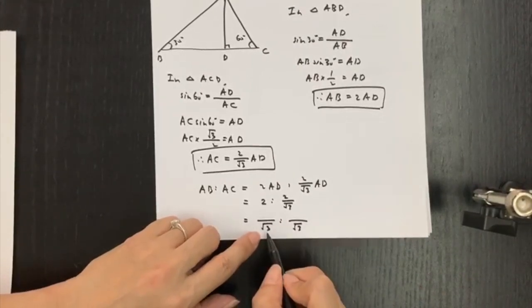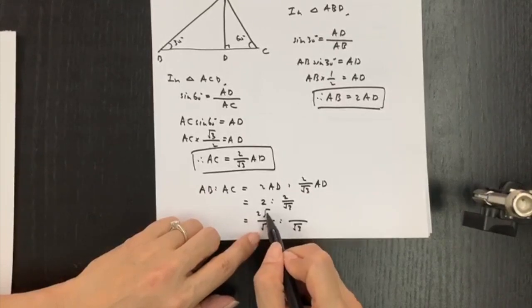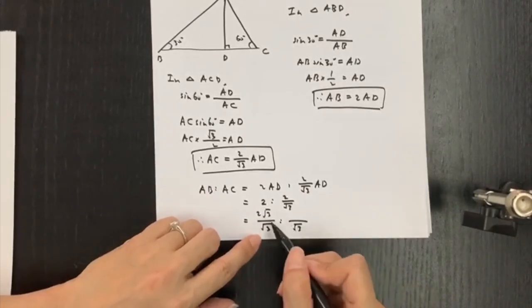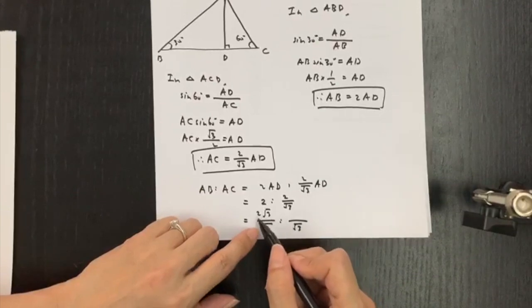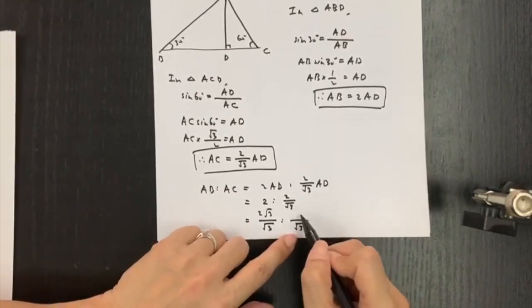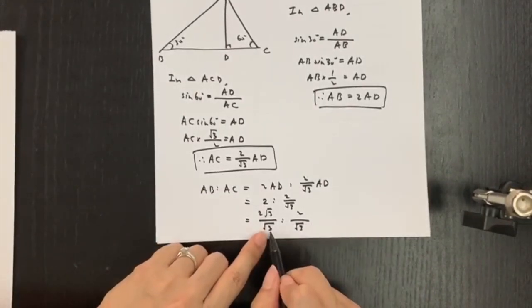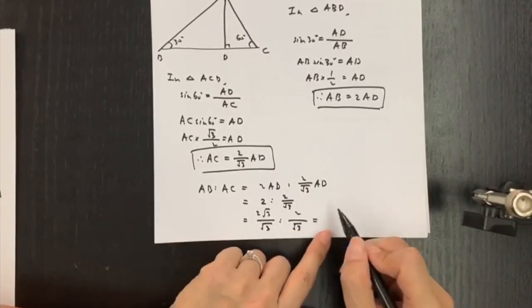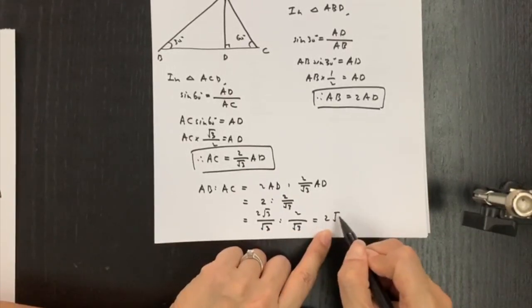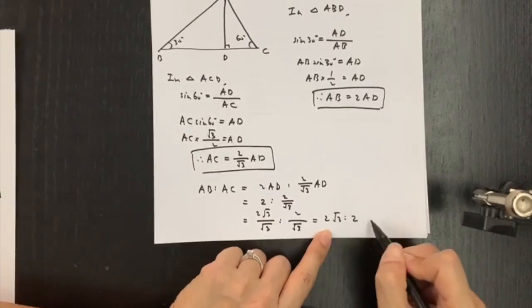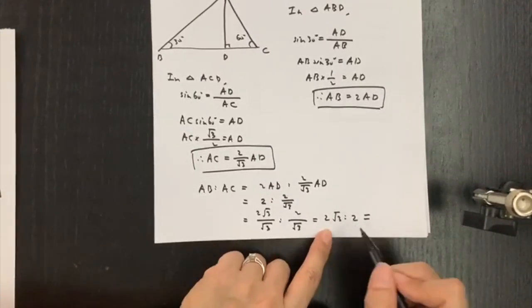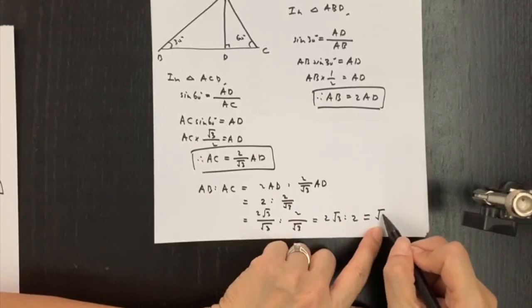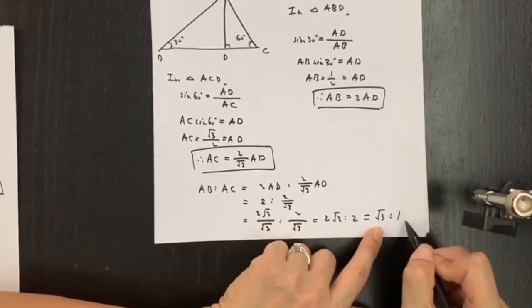Root 3 and root 3 cancel out, so I get 2 root 3 to 2. Finally, 2 and 2 cancel out. The final answer is root 3 to 1.